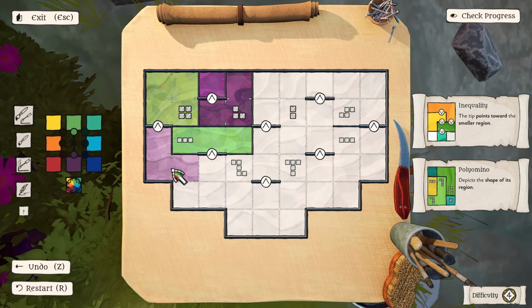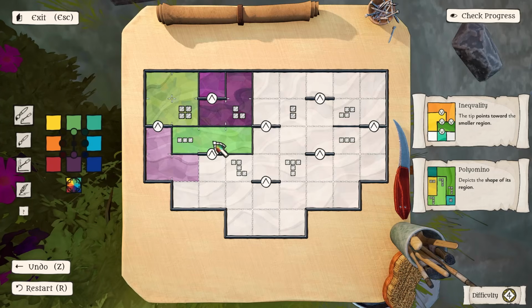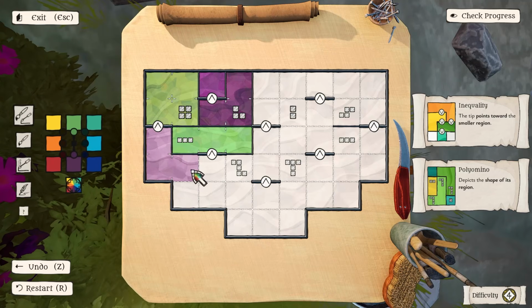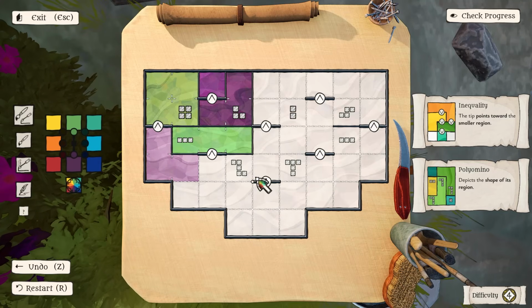This has to be bigger than a 4, so it's going to have to keep going. It could go there. That'll be fine. It has to be bigger than a 3. It's not reaching you, though. Okay, maybe that's not where we go next.